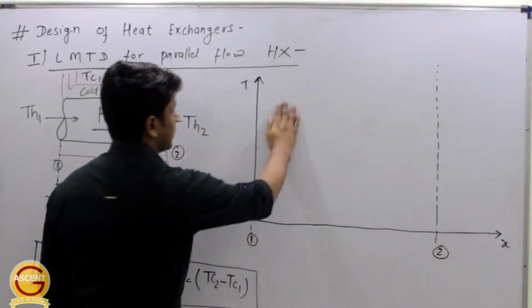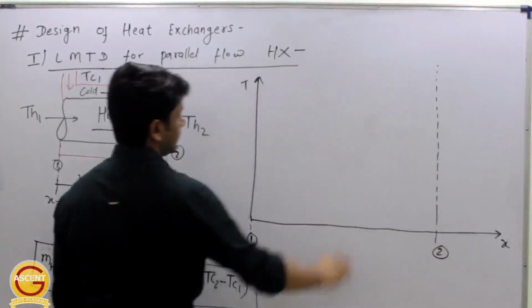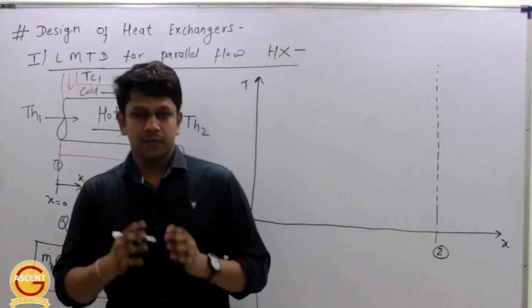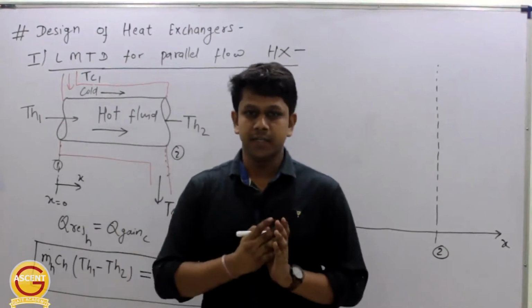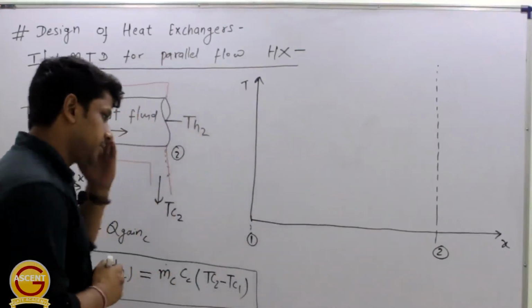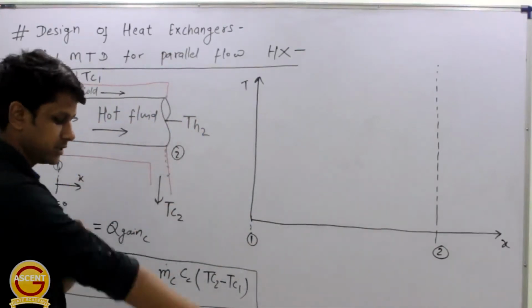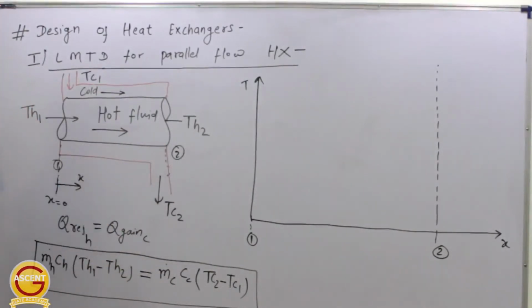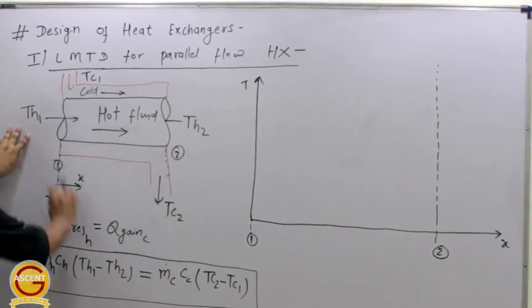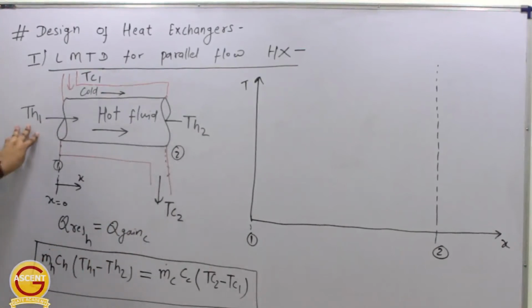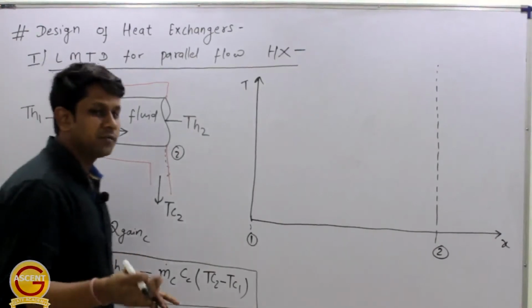Now we have to draw the temperature profile for this parallel flow heat exchanger. If you remember, in unsteady state we discussed that whenever the fluid is getting cooled or heated, the temperature variation is exponential. The same thing will be here, and let's draw it for the hot fluid first. Out of these 4 temperatures, TH1, TH2, TC1, TC2, TH1 will be the maximum because it is the inlet temperature of the hot fluid, before it is getting cooled.